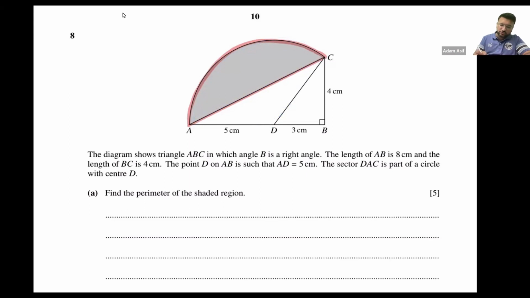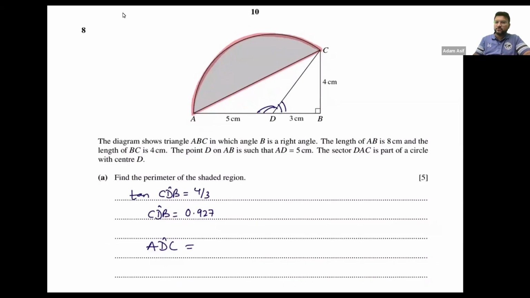So using the trig ratio first, I'm going to find angle CDB. Tangent of angle CDB is equal to 4/3, so angle CDB is going to be tangent inverse of 4/3. Make sure your calculator is in radian mode. 0.927. Now, what can you say about angle ADC?